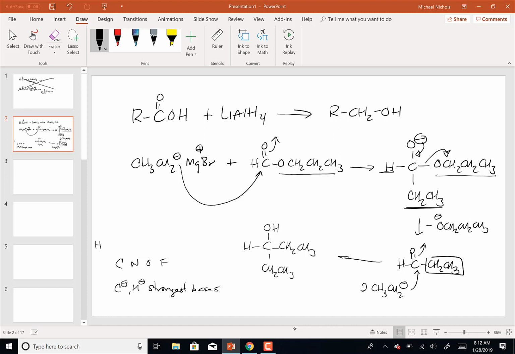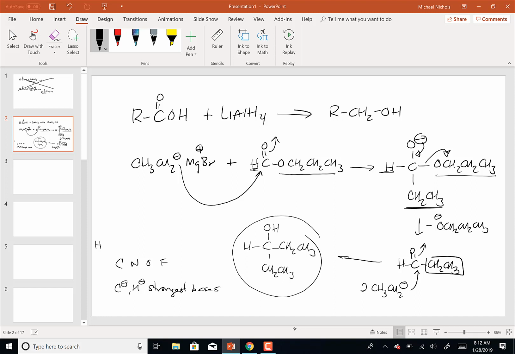Because I started with this H of the ester, that's a formic acid ester, I'm going to end up with a secondary alcohol. If this was an R group, I'd end up with a tertiary alcohol with two groups being the same. So the final product is going to be that molecule.